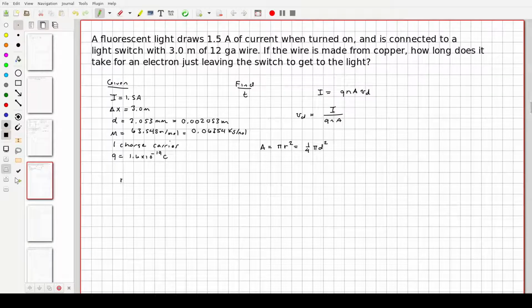So the number of charge carriers we have here, we're going to get by taking a look at this. Okay. Now, just to remind you, we know that for every mole of substance that we have, there's 6.022 times 10 to the 23rd atoms.